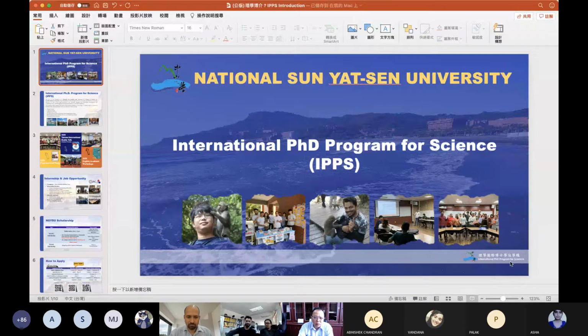In our university, we have an international PhD program for science. This program is special for receiving international students. In this IPPS program, I think we have 6 groups. And the 6 groups actually include all the departments and the institutes in our science college.